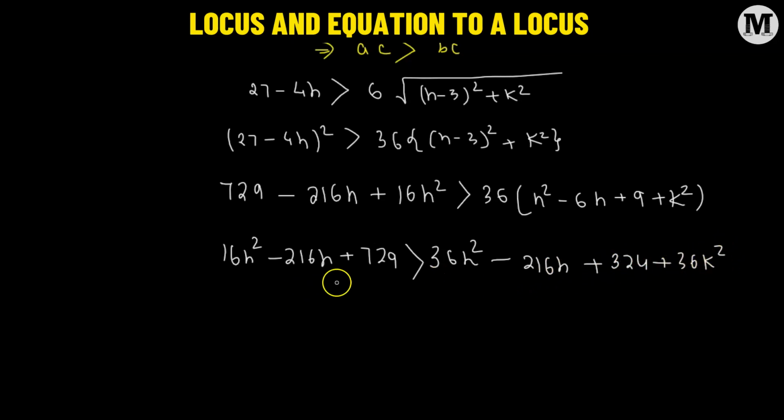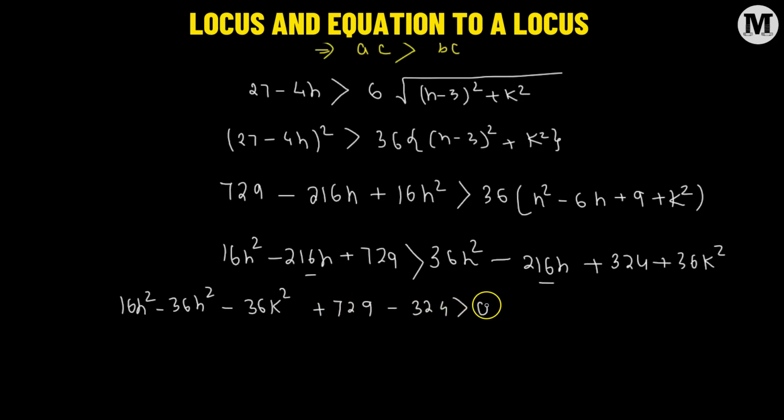Now, let's transpose all the terms to the left hand side. So we have 16h squared minus 36h squared, then we have negative 36k squared. Now this negative 216h gets cancelled out, and we have positive 729 minus 324. That's going to be greater than 0.